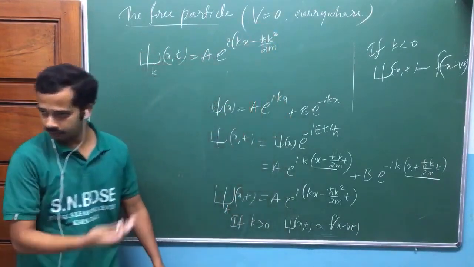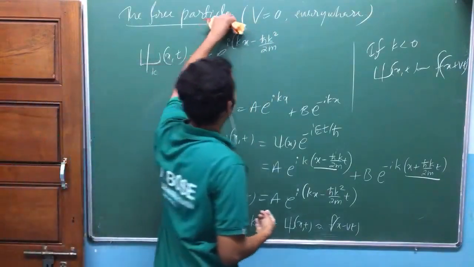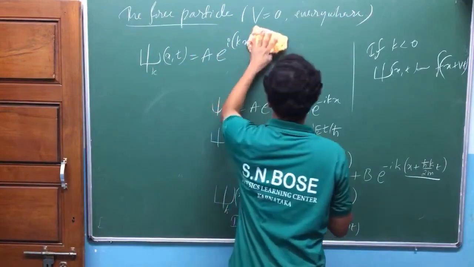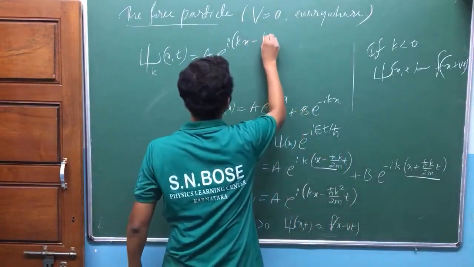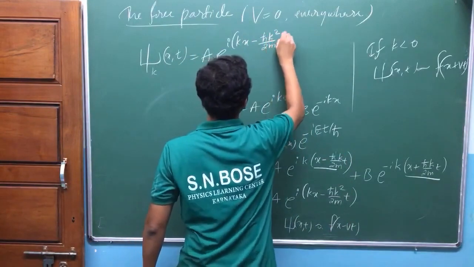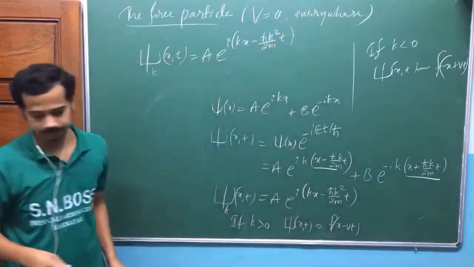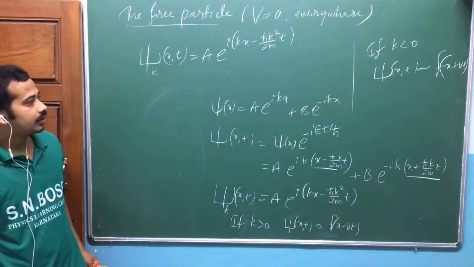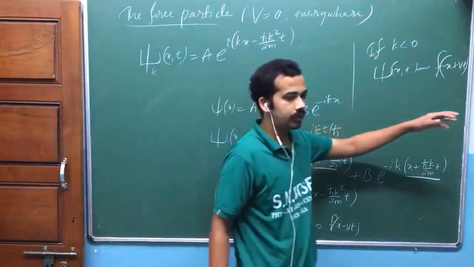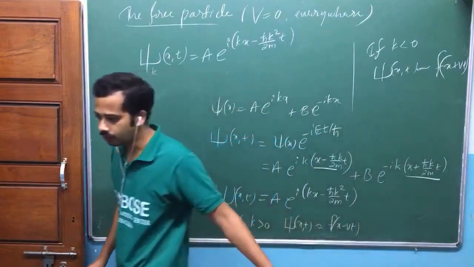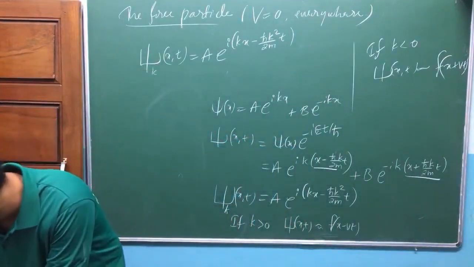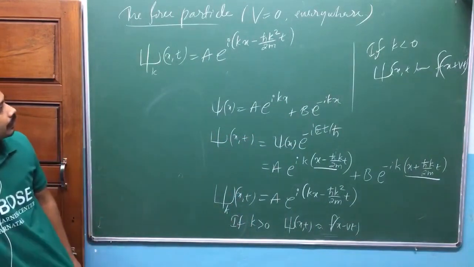Divide by h bar, it was there in the energy expression, be careful. k is greater than 0 for a wave traveling to the right, k is less than 0 for a wave traveling to the left. Only one expression can represent both cases.